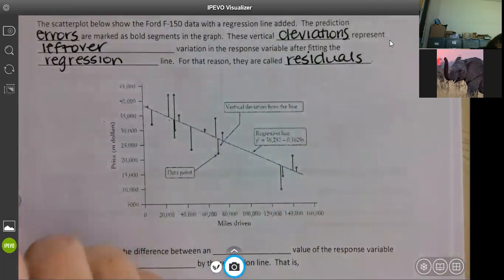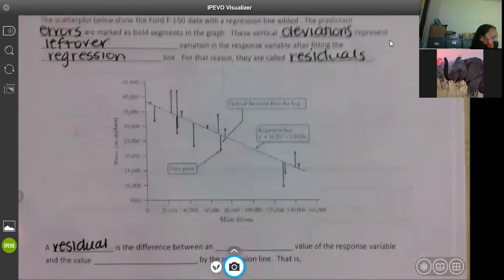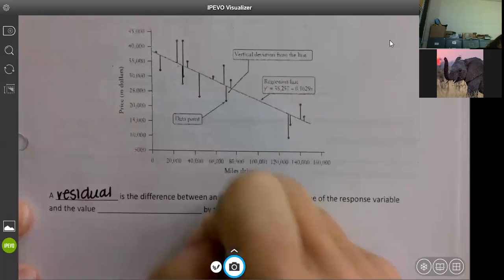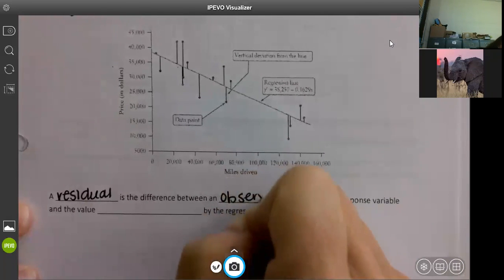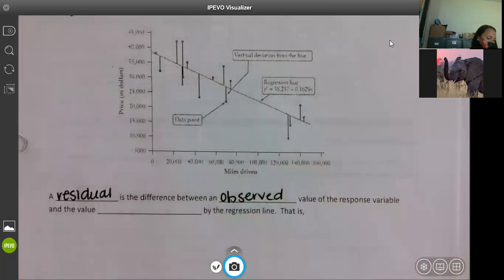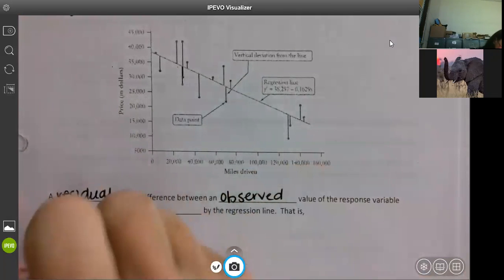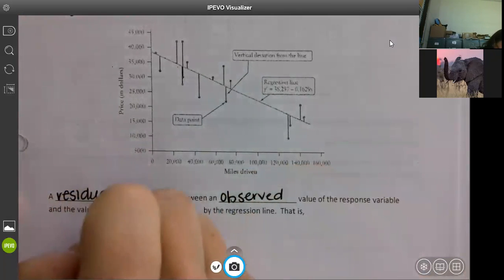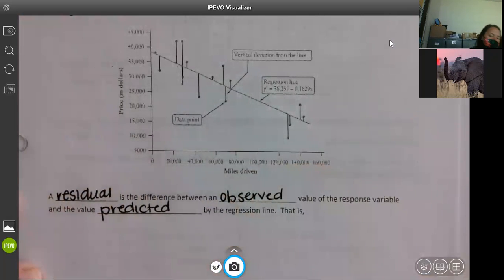A residual is the difference between an observed value of the response variable and the value predicted by the regression line.